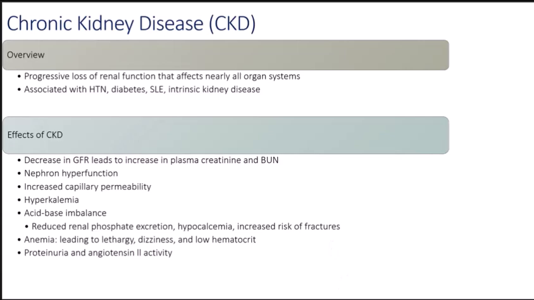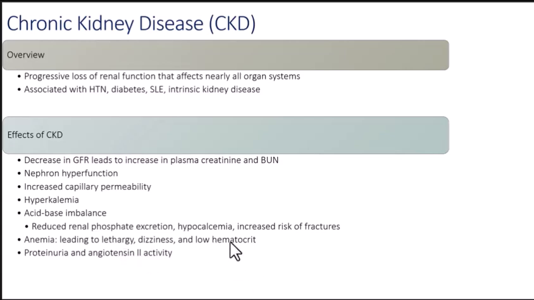Because blood can be lost in the urine, this can lead to a state of anemia because it's a chronic state of blood loss. And those that are anemic are going to suffer from symptoms such as lethargy, so extreme feelings of tiredness, dizziness, and a low hematocrit level.